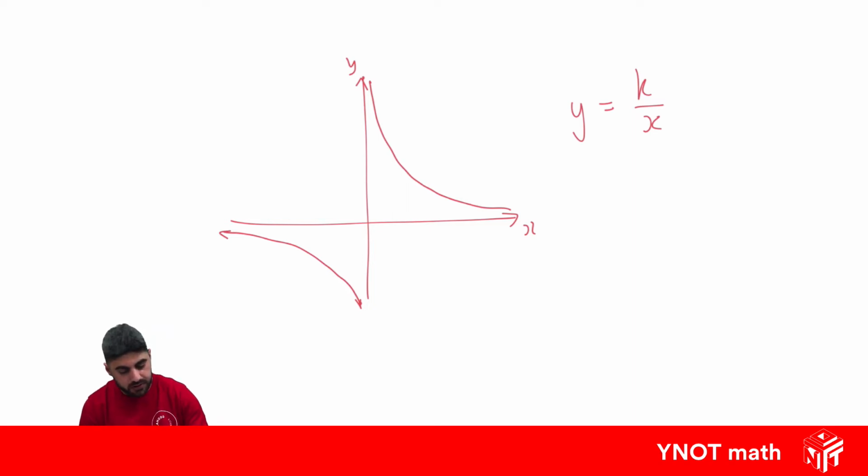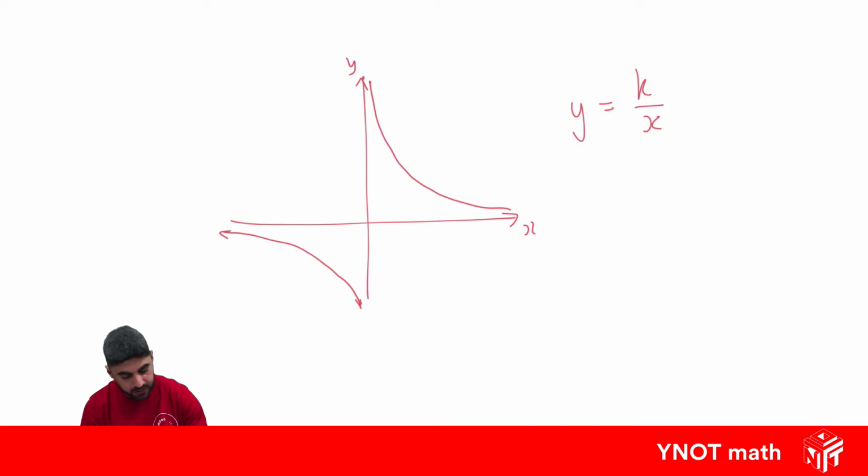So we've got asymptotes in four directions here. We've got an asymptote here as the graph gets closer to it, here, here, and here. And so essentially what we've got is the x and y axis both being asymptotes.